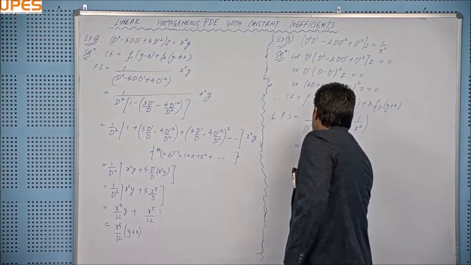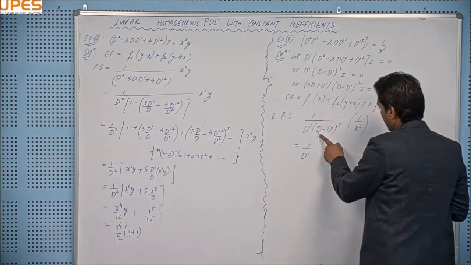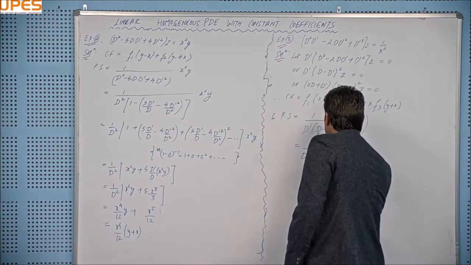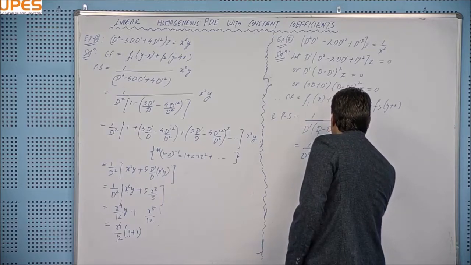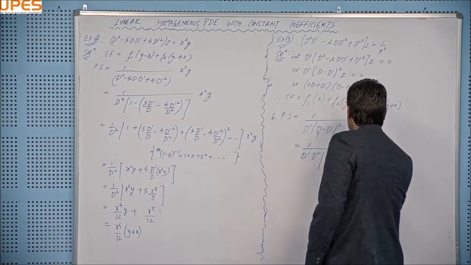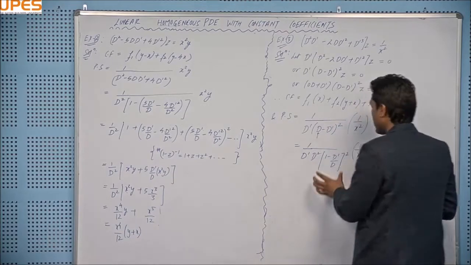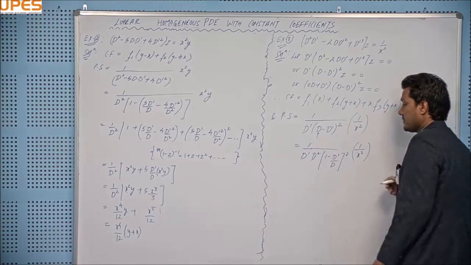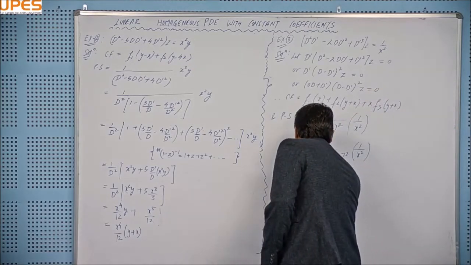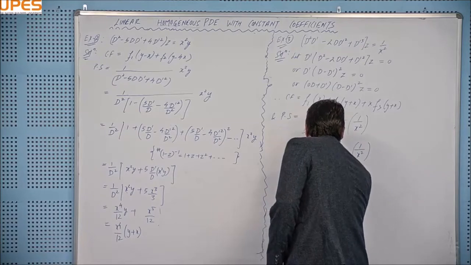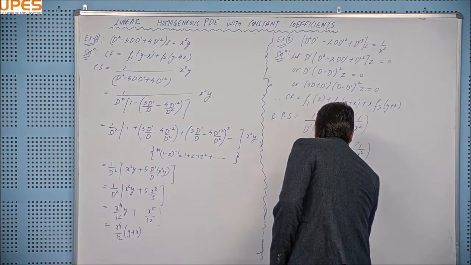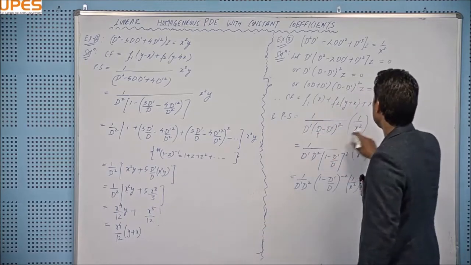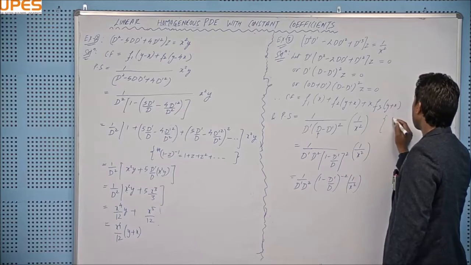So 1 upon d dash, and obviously d square will be taken common, and in the bracket I will have 1 minus d dash over d, and here I have the square, 1 upon x square, and bringing this square term to the numerator, the power will become minus 2. I will get 1 upon d dash d square, 1 minus d dash by d whole to the power minus 2, 1 upon x square. I will put a mark here, right?